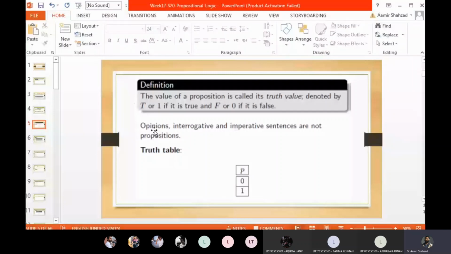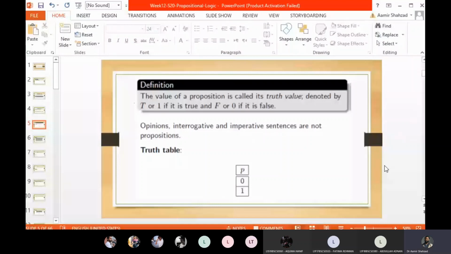Interrogative जैसे भी हमने किया कि what are the number of students in the class या are you fine या इस तरह का। So these are interrogative statements, वो proposition नहीं होती। या imperative sentences, for example sit down or go out of the class या eat your lunch. So these are imperative statements, so these are not propositions.